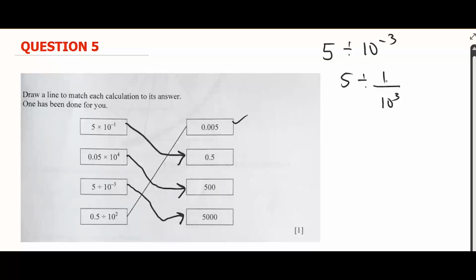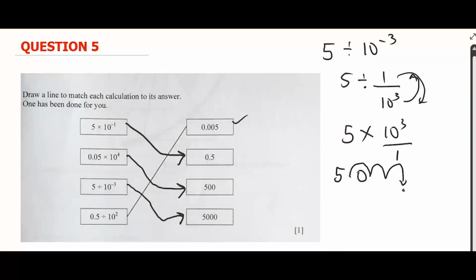We change this division to multiplication and find the reciprocal, so that would be 5 times 10 to the power of 3 over 1. That means we are multiplying by a power of 10, 3 times, so we shift the decimal point forward 3 times. 5 is the same thing as 5.0. Shifting forward 3 times, 1, 2 and 3, the decimal point will now be here. You have zeros here, so you have 5,000.0, which is 5,000. So that will be the solution.